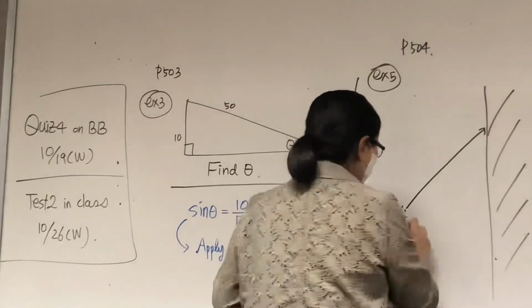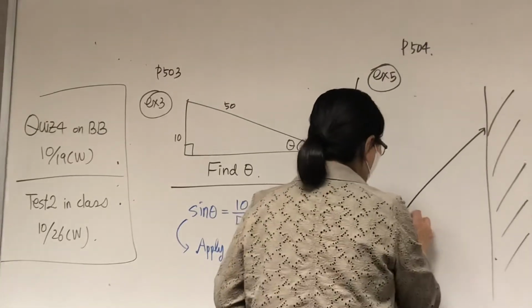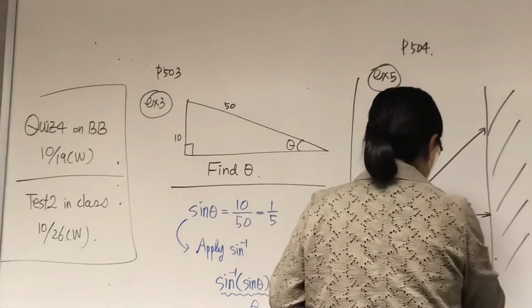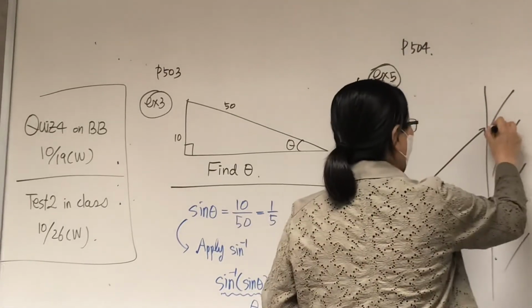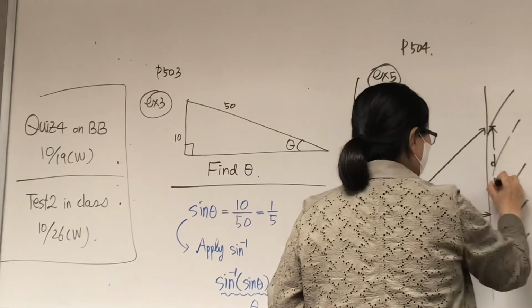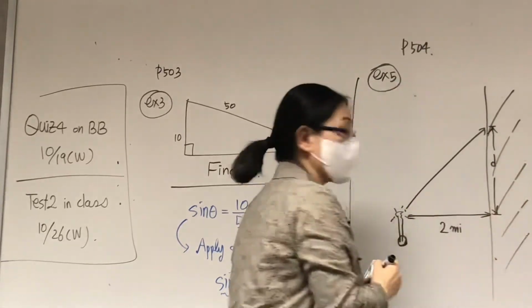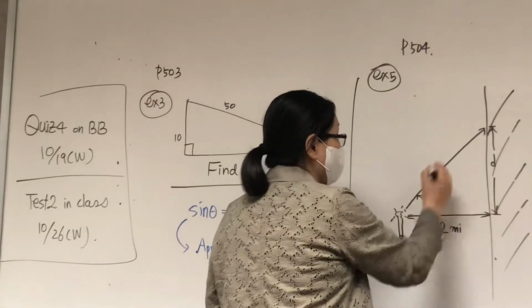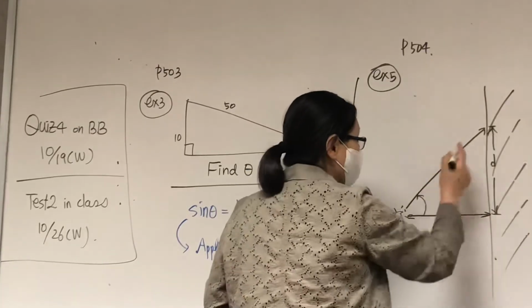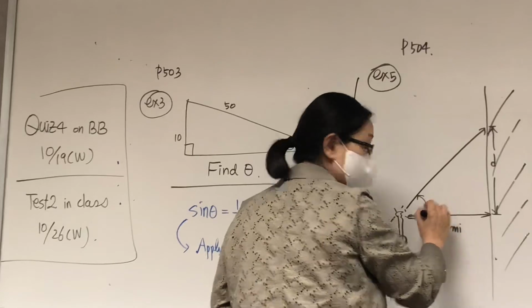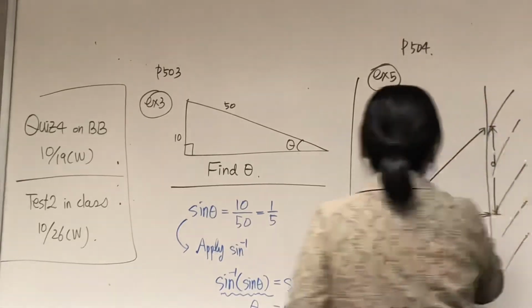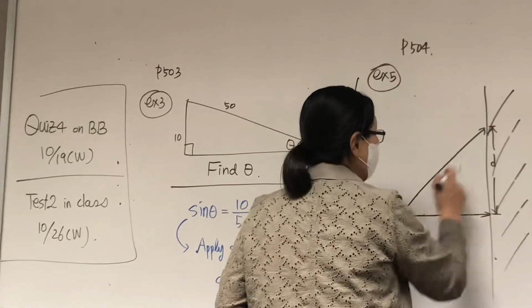From here to here, the distance is 2 miles. And from here to here, the distance is d. This is the given value. And from the horizontal line to this, the angle is theta. They said this is theta.